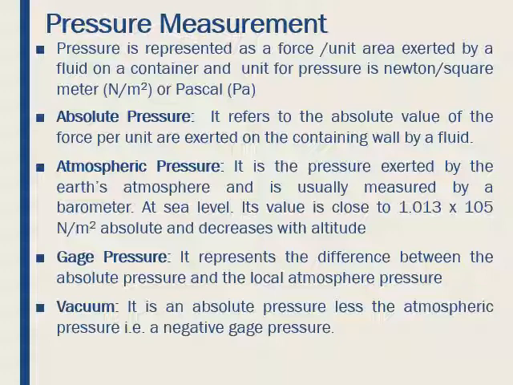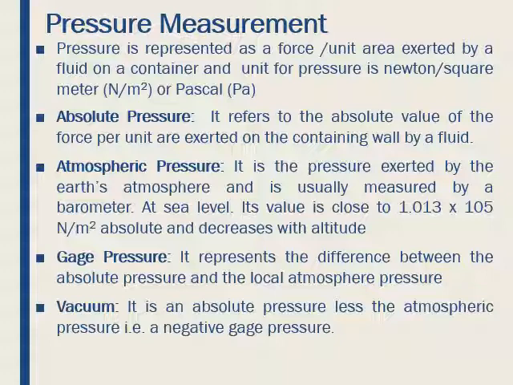Absolute pressure refers to the absolute value of the force per unit area exerted on the containing wall by a fluid. Atmospheric pressure is the pressure exerted by Earth's atmosphere and is usually measured by a barometer.